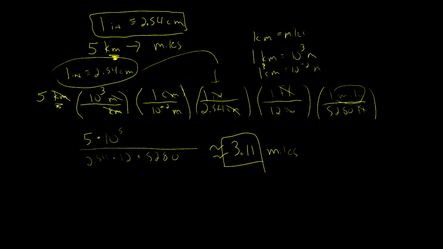In fact, the linking fraction right here between English units, inches, and the metric system is the definition that 1 inch is 2.54 centimeters. And then we line up the conversion factors. Now, you can find that approximately 1 mile is like 1.6 kilometers. You can use that as a conversion factor.